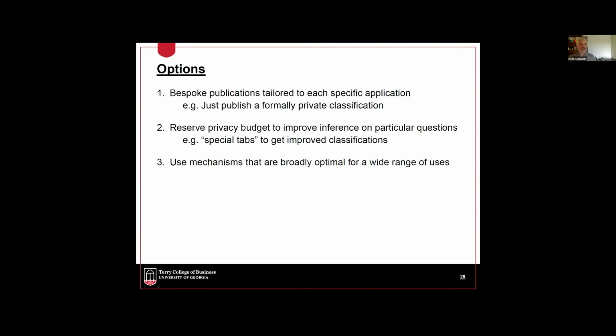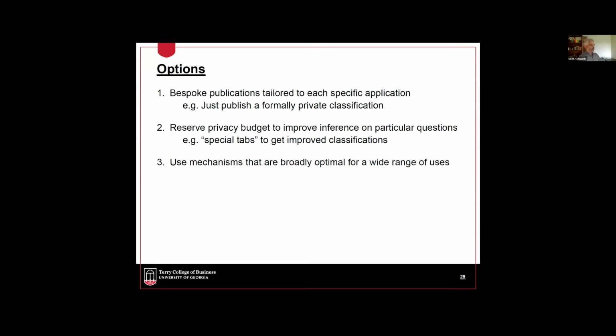There are a few options that the Census Bureau has, or that in general you might imagine having, to solve these sorts of problems. One would be to make bespoke publications that are tailored for each specific application.